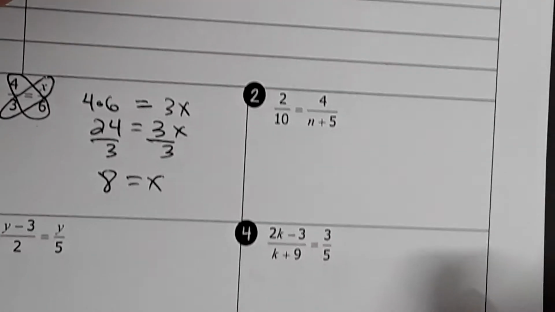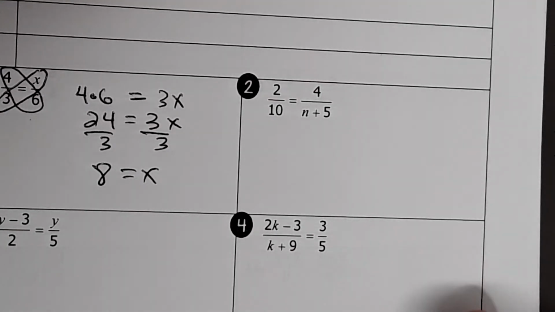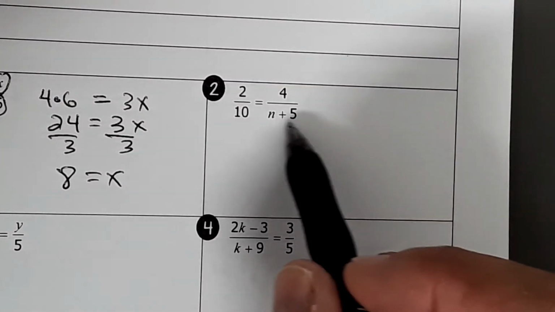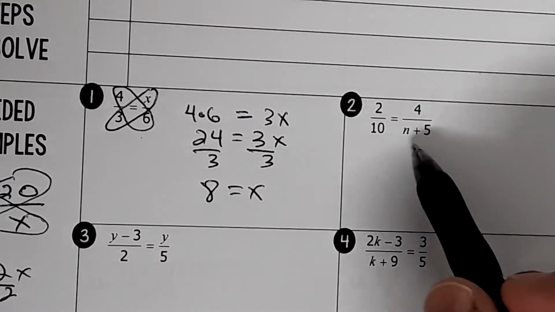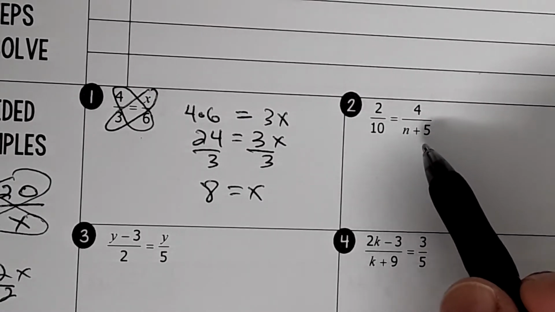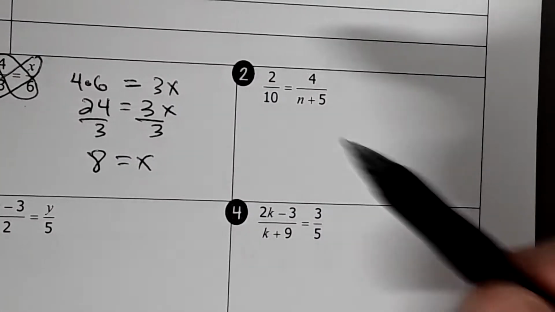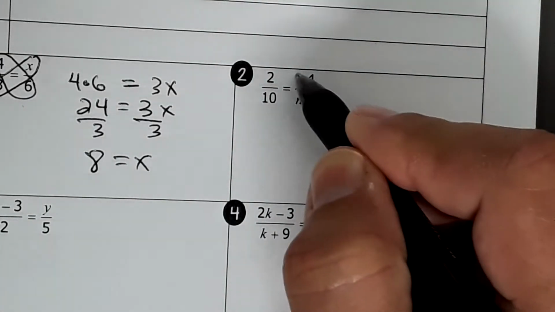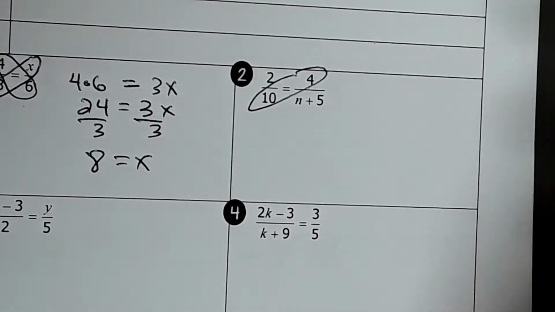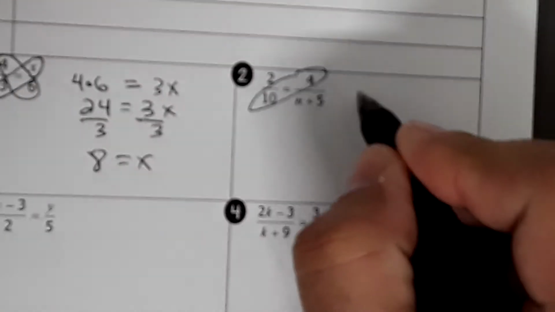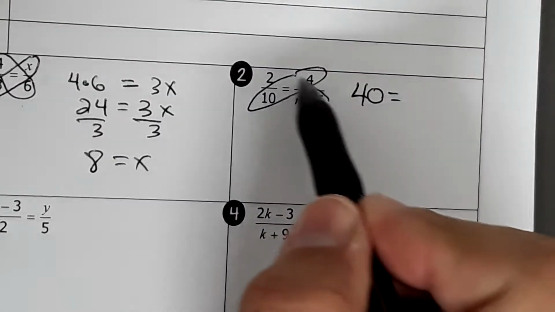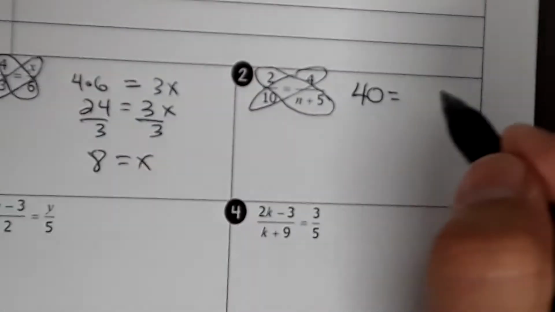They're going to get a little bit tougher when you look at a problem like number 2. So now you have a missing number, but it's a little busier than problem number 1. It's not just n, it's n plus 5. But the process doesn't change. But you got to be careful when you cross multiply. Again, cross multiply. So 4 times 10, that's 40, equals 2 times this whole thing.